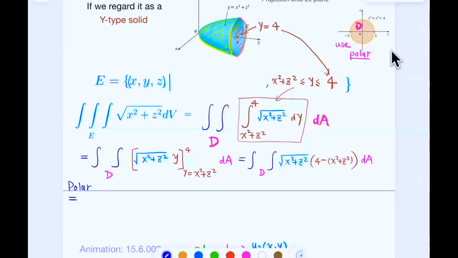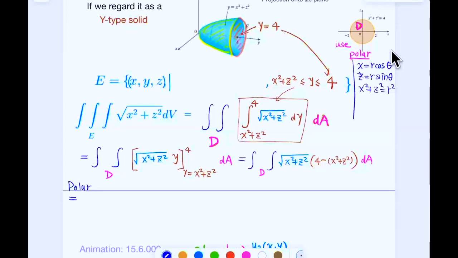It's r squared, right? So remember, in polar coordinates here, x is equal to r cosine beta, and z, sorry, it's not y, it's z, equal to r sine beta, and then x squared plus z squared equals r squared.